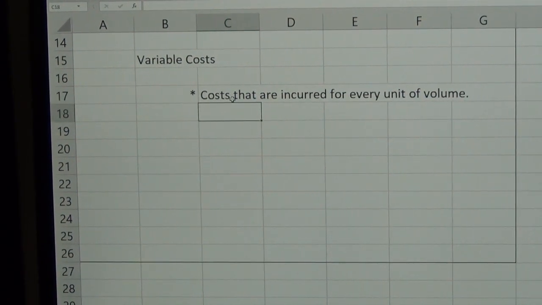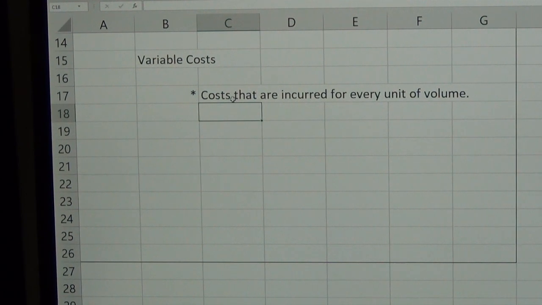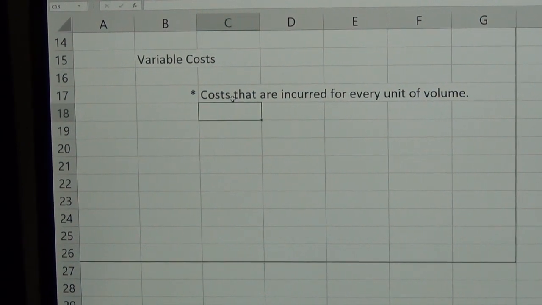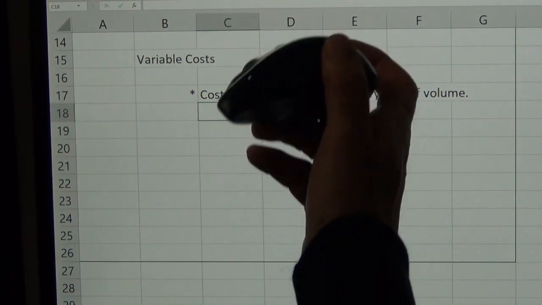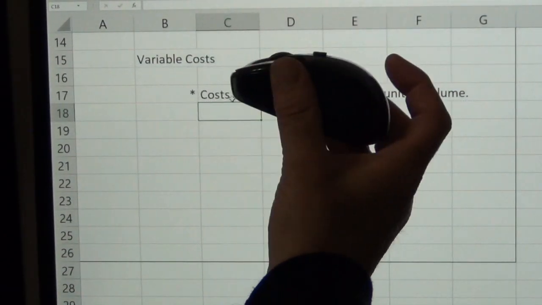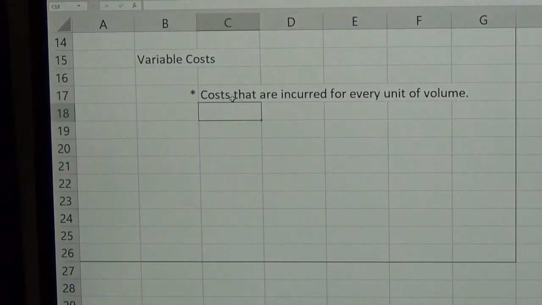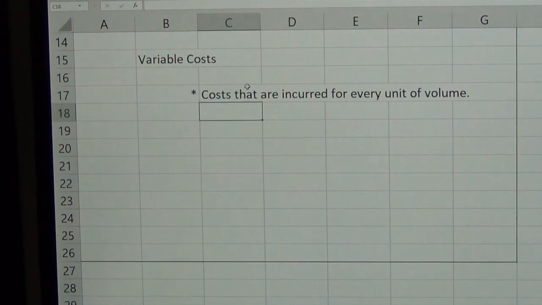So every time you produce a new product, a new item, whatever you're producing, whether it's a printed circuit board or maybe tubing, some plastic. Let's say we manufacture these mouse. Every time we produce another one, the costs will change, and they change in direct proportion to the volumes.